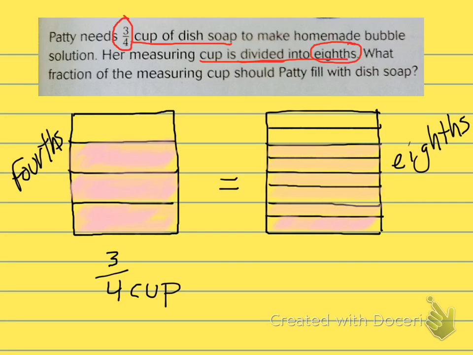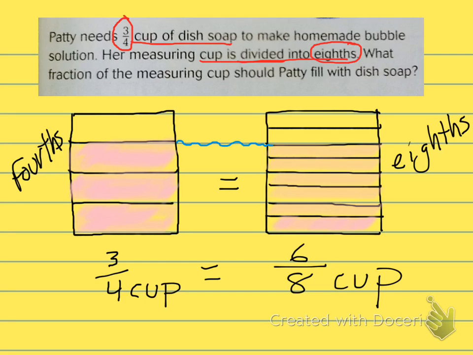Can you see how they look the same? Let's see if I can make the connection here. Do that in blue. It's the same liquid level. Okay, so it looks like 3/4 cups equals 6/8 of a cup.